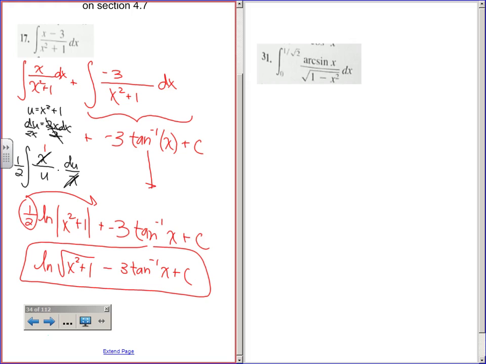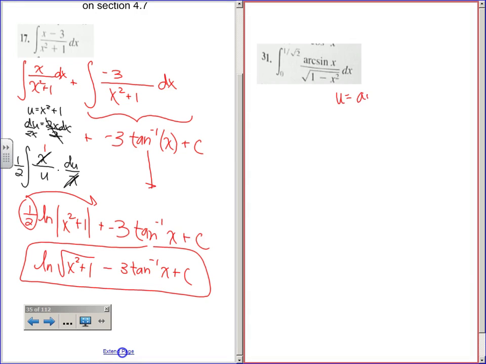This one, though, number 31, it's a lot like that problem on the board yesterday. I don't know what to do with an arc sine in an integral if it's not the u. Same way I don't know what to do with an ln in an integral if it's not the u, and I haven't taken Calc BC yet and learned integration by parts. So, why on earth would I make arc sine the u?